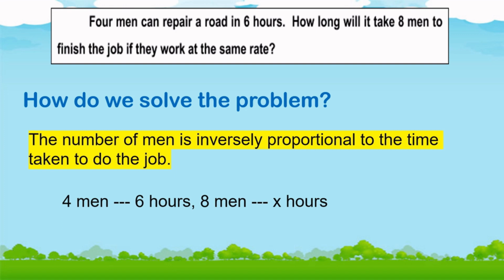So, we have 4 men can finish in 6 hours. 8 men in unknown hours. So how many hours? Okay, so we will get the ratio of the same kind. We have men is to men is equal to hours is to hours.